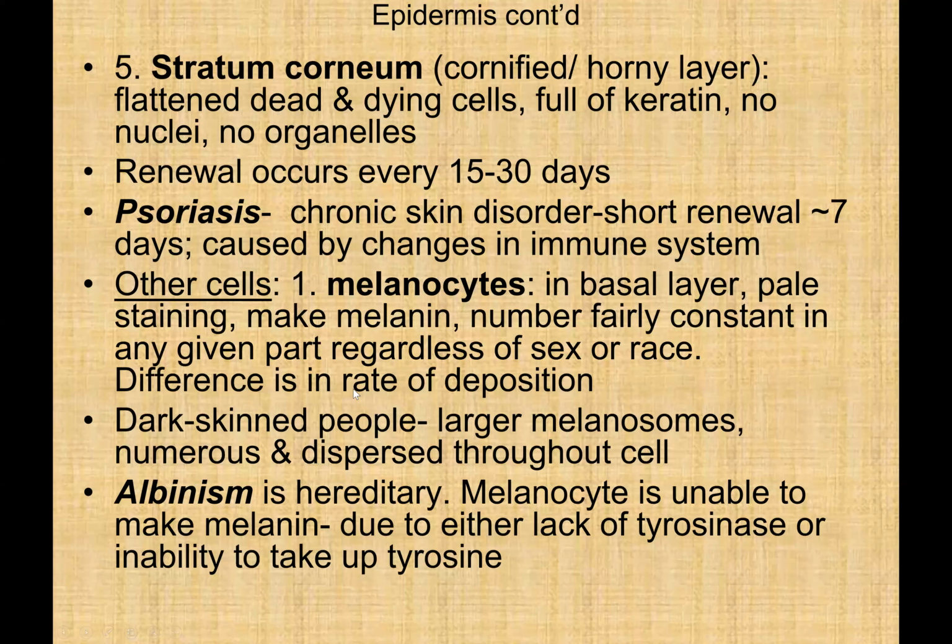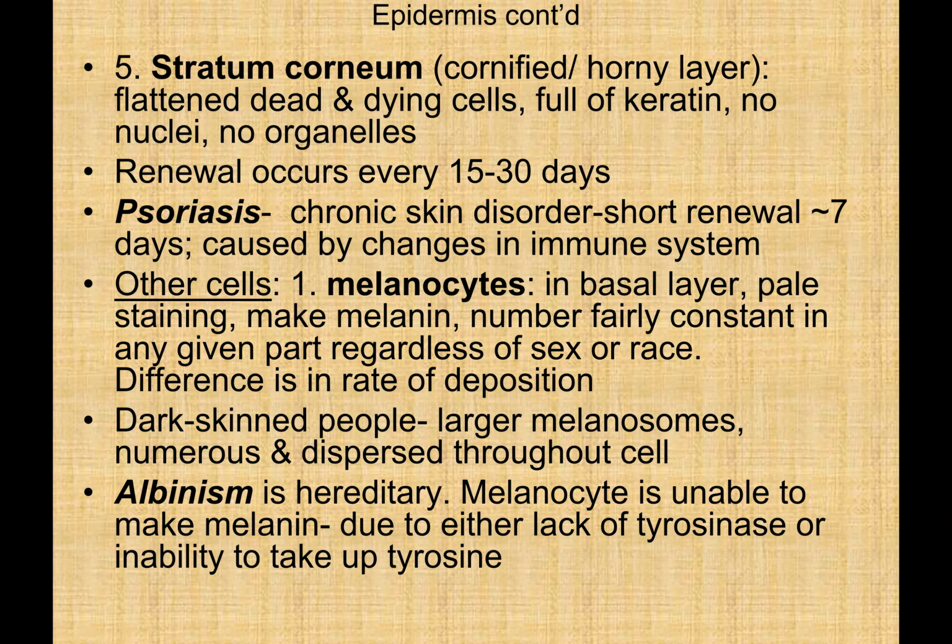The difference is in the rate of the deposition. So one thing you have to know is that the production of the melanin is usually the same, but the deposition of it is different. Normally, dark-skinned people have larger melanosomes, and they also have more numerous melanocytes, which are always dispersed throughout the cell.